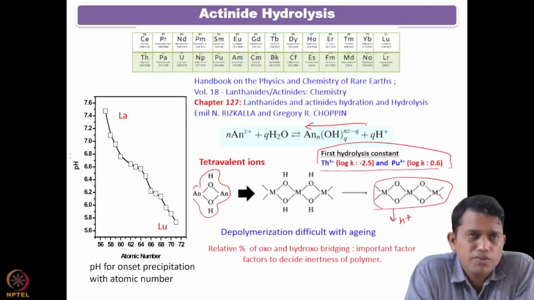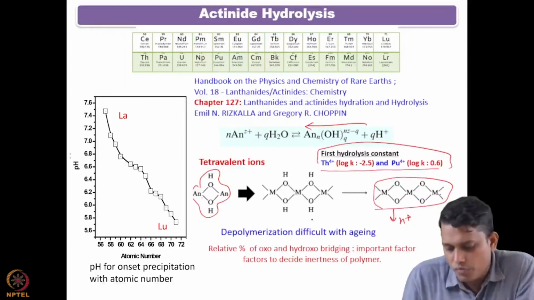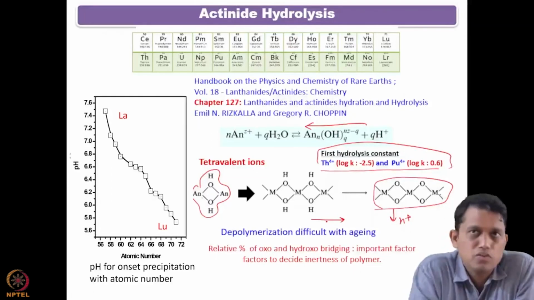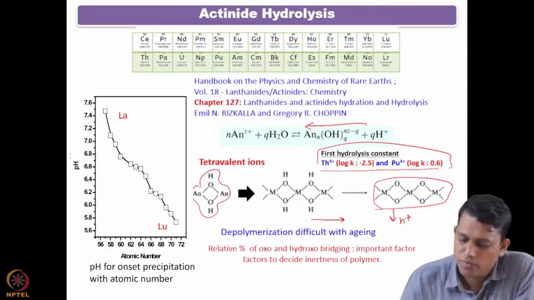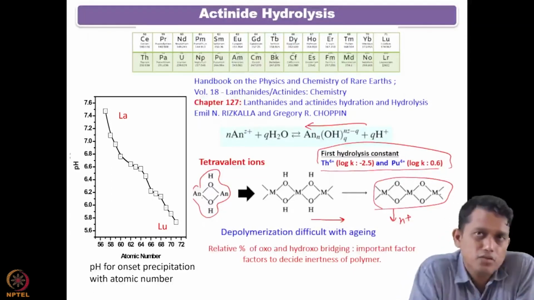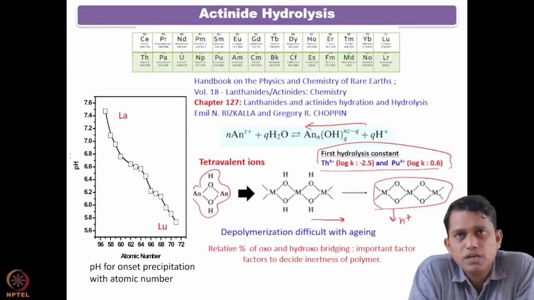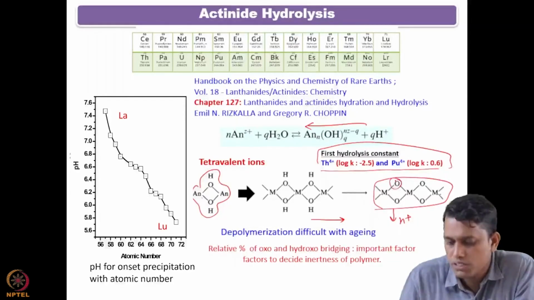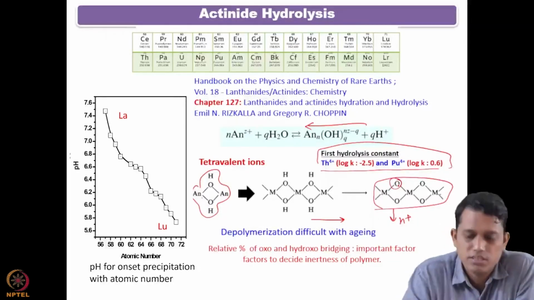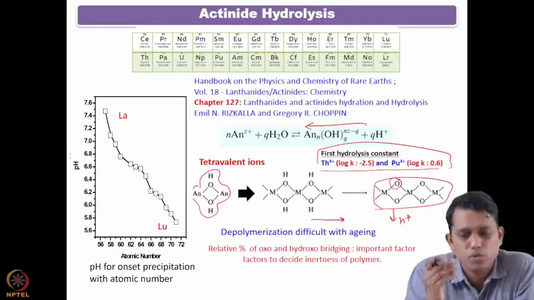But if you leave it for a certain amount of time, since the kinetics of going from here to here is very slow, they form this kind of compound, and they are very difficult to dissolve, and the difficulty depends on the percentage of oxo-bridging. The higher the oxo-bridging, the more difficult the polymer is to dissolve, or you can say the more inert the hydroxide polymer.